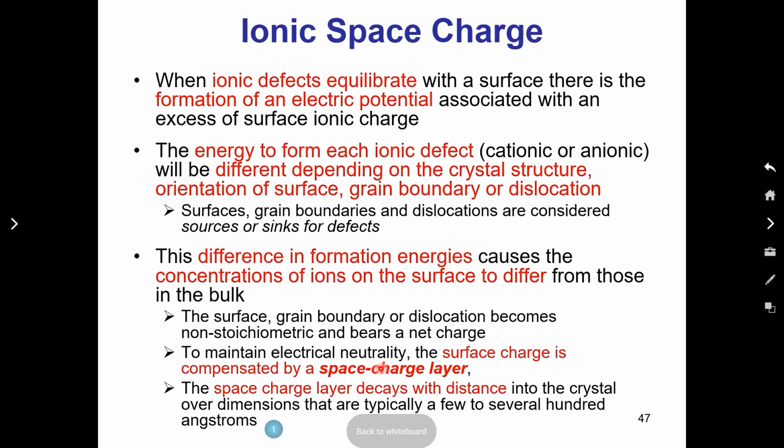So there are different types of localized defects that can be created at surfaces, interfaces, grain boundaries, gas molecule absorption, all sorts of reasons.